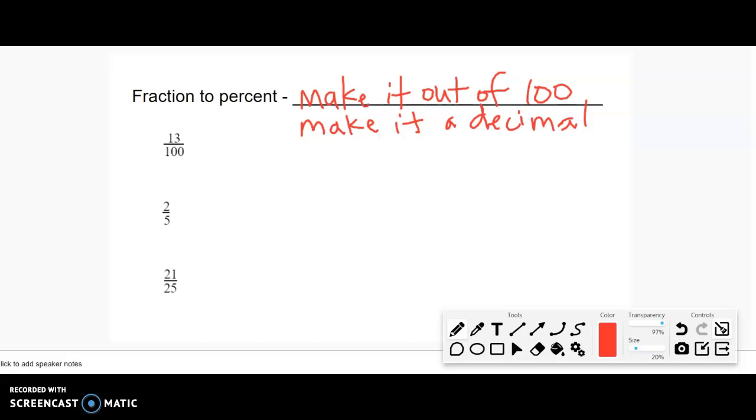All right, so 13 hundredths, it's out of 100, so we know it's going to be 13%. 2/5, we can either say, okay, I'll multiply it by 20 over 20, so I get 40 hundredths, so I know it's going to be 40%.